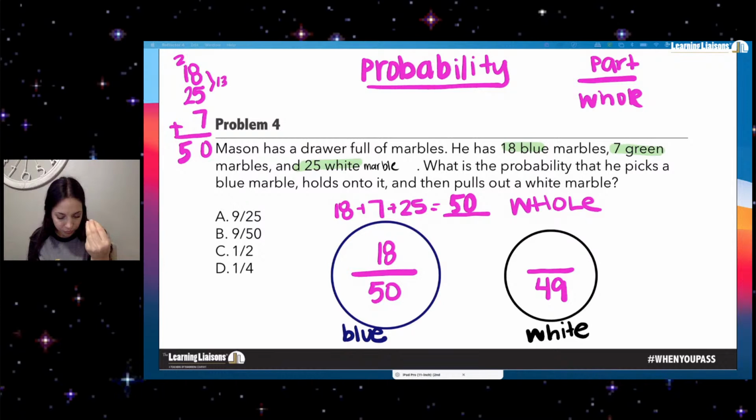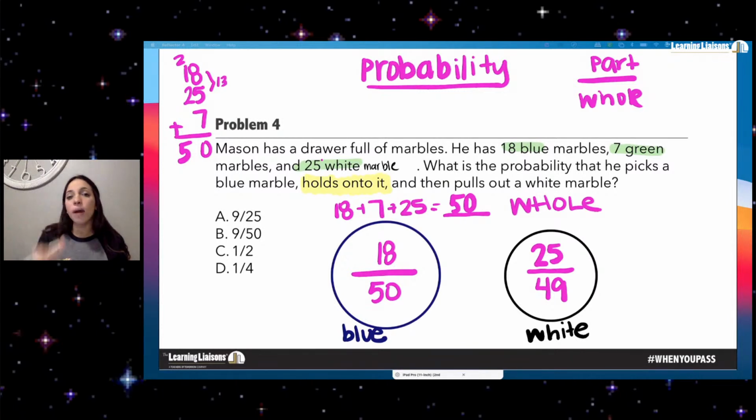He held onto the blue marble. So this is probability without replacement, is the fancy term. Probability with replacement means I pulled the blue marble out and I put it back in the bag. This is probability without replacement, which means that my white probability is 1 less, because there's 1 less marble in that bucket. So we have 49. What's the white marble probability? 25, because there's 25 white marbles.